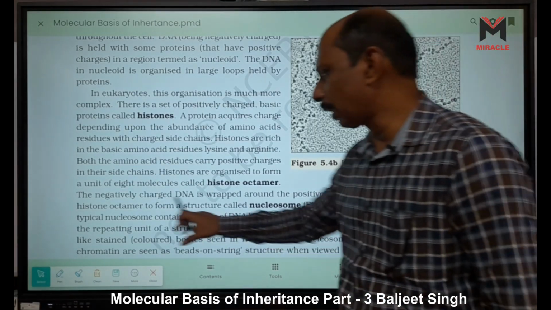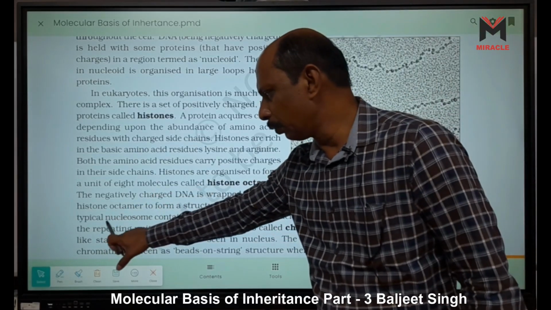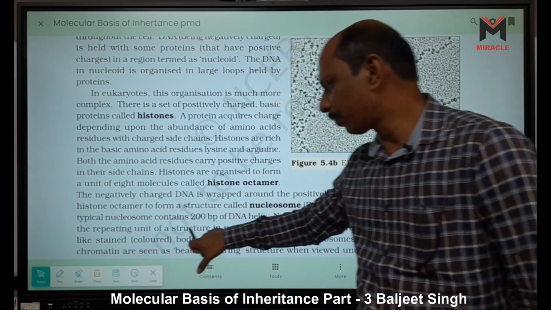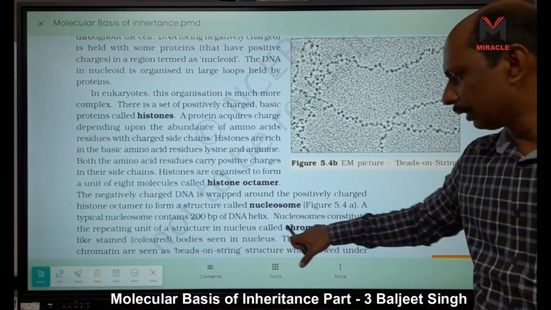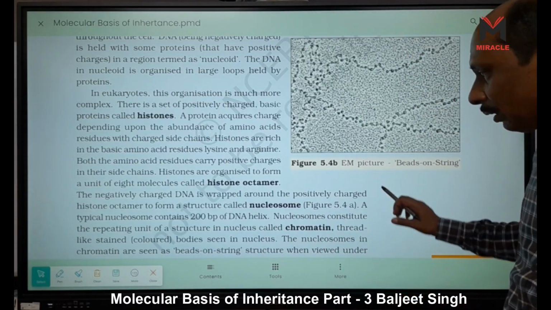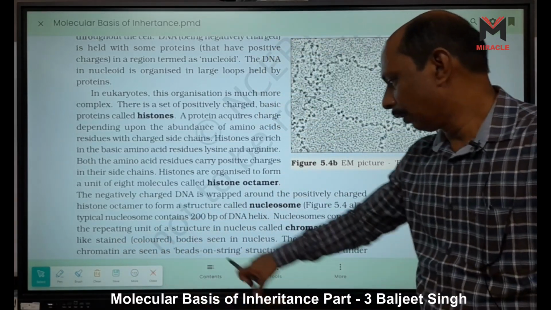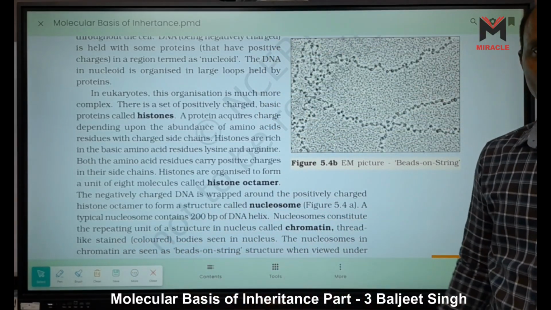Nucleosomes constitute the repeating unit of structure in the nucleus, and that is called chromatin, right? Thread-like stained, colored bodies are seen in the nucleus.